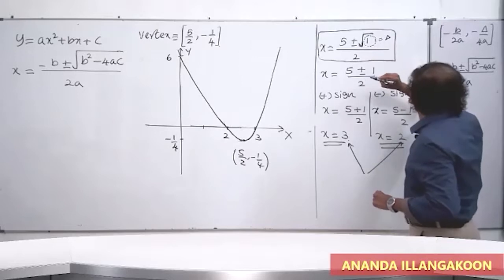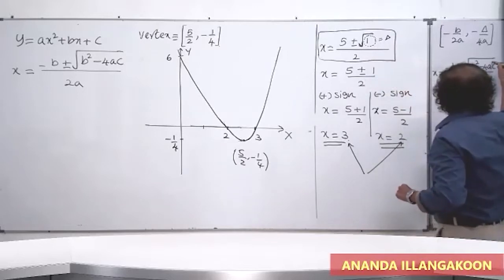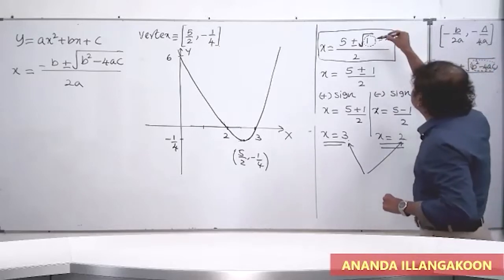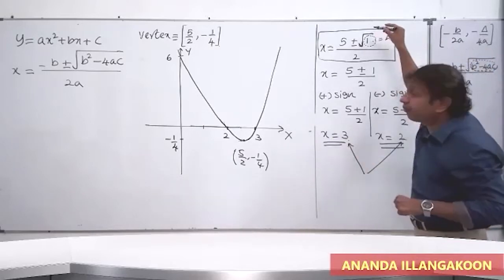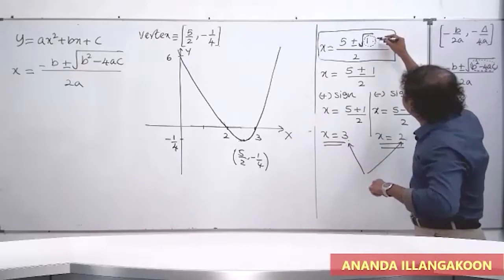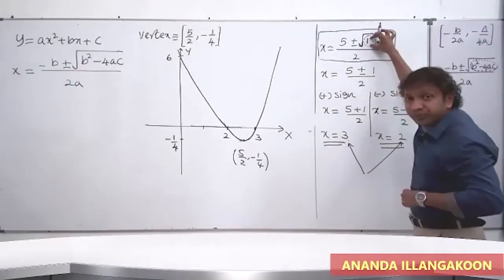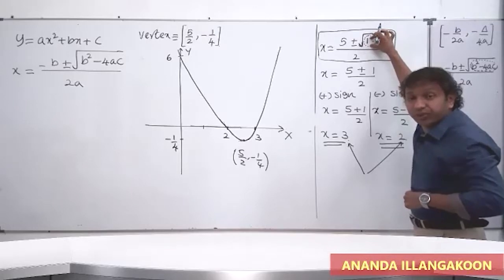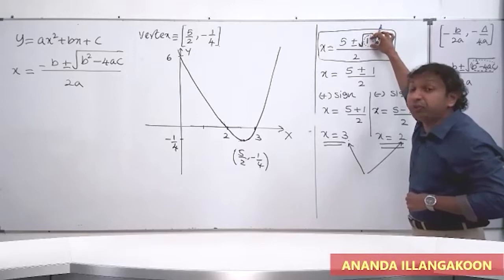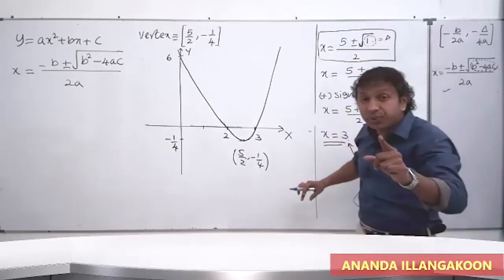We use the notation delta for this b squared minus 4ac. Here we have delta. In this particular question, the previous one I'm talking about, this delta is 1. It is at the moment positive, right? Then we could find the square root of plus 1.